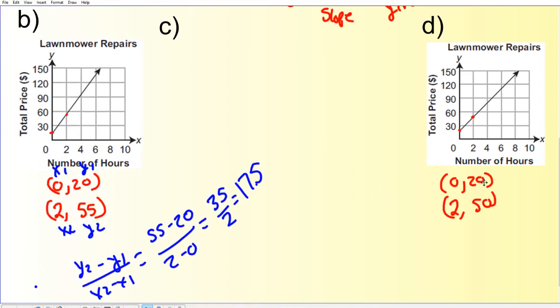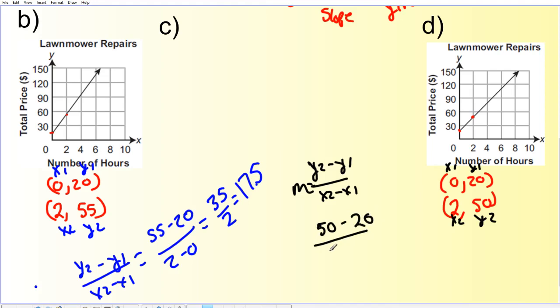So now, let's do the same thing with this one. x1, y1, x2, y2. The formula is y2 minus y1 over x2 minus x1. That is our slope formula. If I plug in, that gives me 30 over 2.